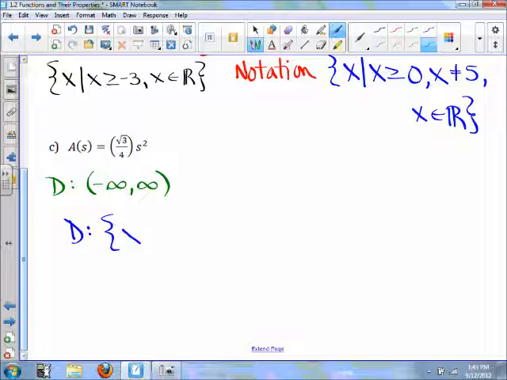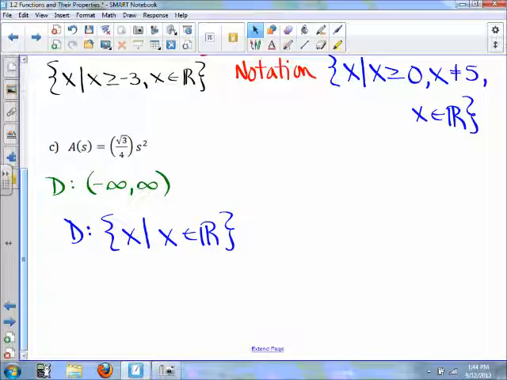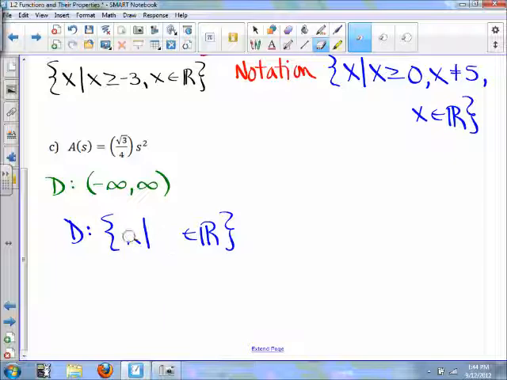Domain x such that x is an element of the reals. X can be any number. Actually, it says s here. I should be correct. And I should use s, just so used to using x.